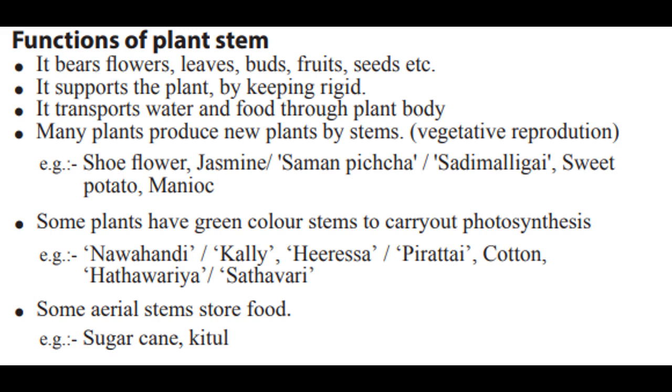Photosynthesis. Examples for photosynthetic stems. These types of stems are known as photosynthetic stems, green color stems, right? Photosynthesis. Example. Now I mentioned here cactus. There's another plant called Navahandi.